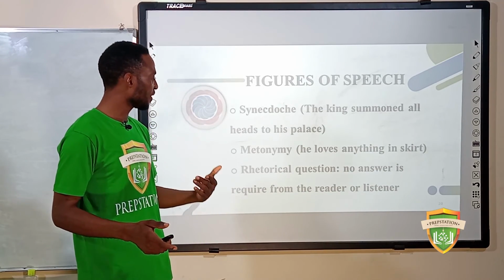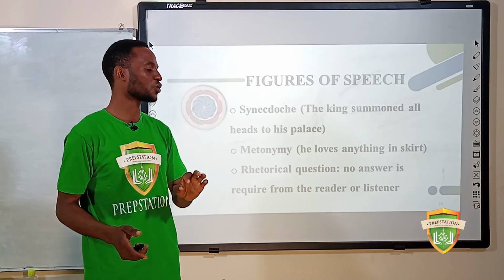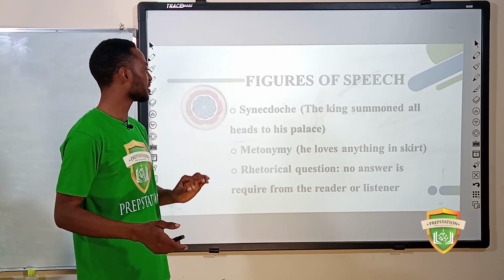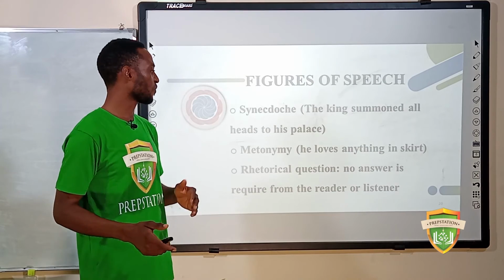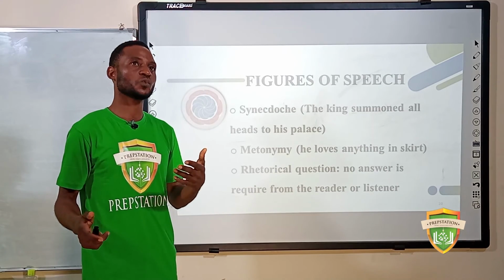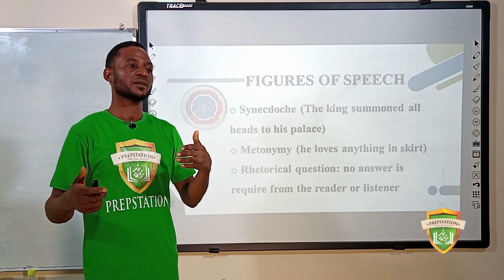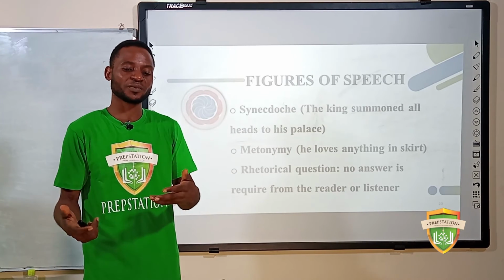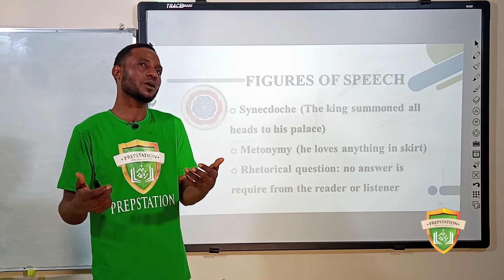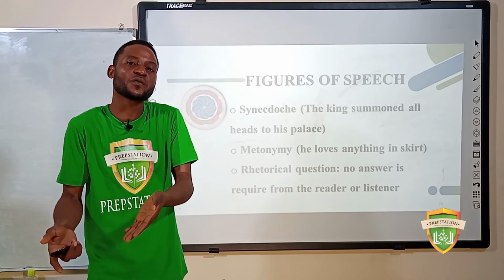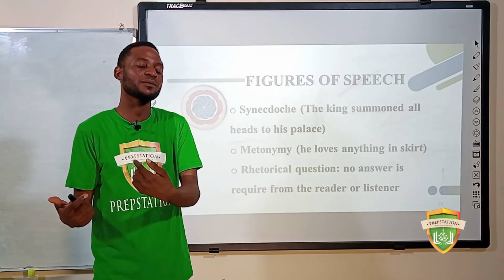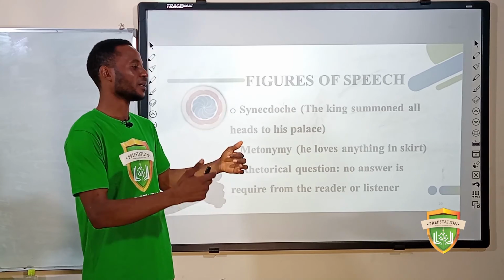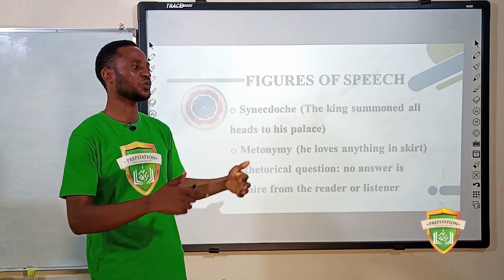Another figure of speech that I want us to also look at is metonymy. Of course, metonymy is a situation whereby you use part of something, or what someone or something is known for, not to refer to that particular thing itself, but to the person generally, or to the group.